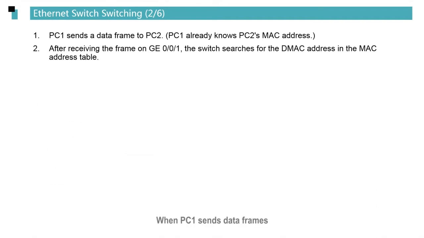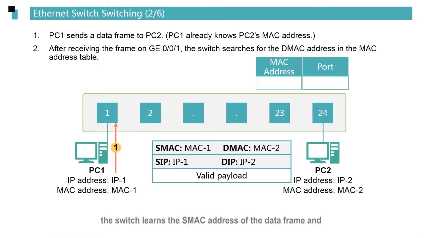When PC1 sends data frames, the source address is PC1's own MAC address, and the destination address is PC2's MAC address. In addition, the switch learns the SMAC address of the data frame and creates a MAC entry based on the SMAC address. This entry associates the SMAC address with the inbound port GE0/0/1 that receives the frame.